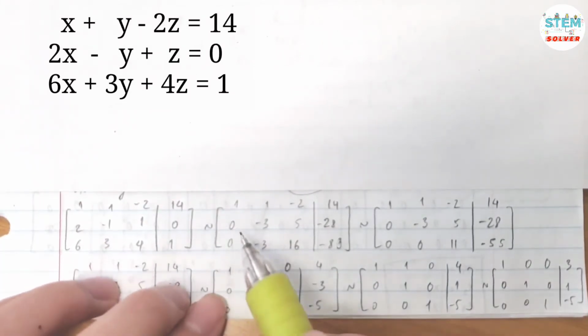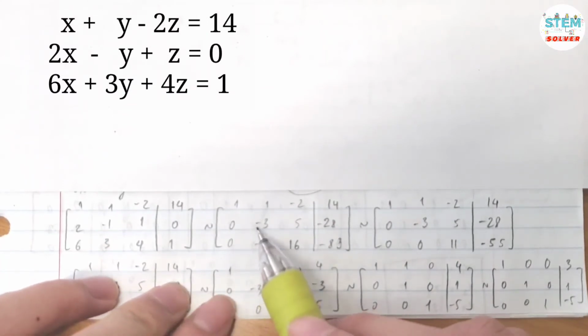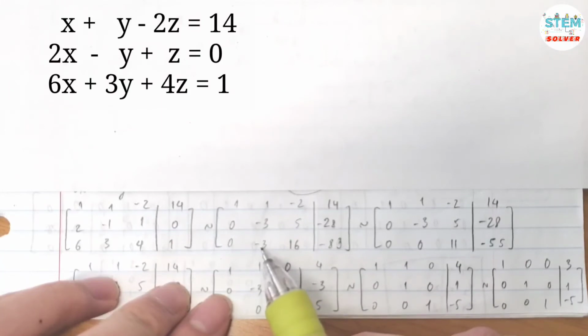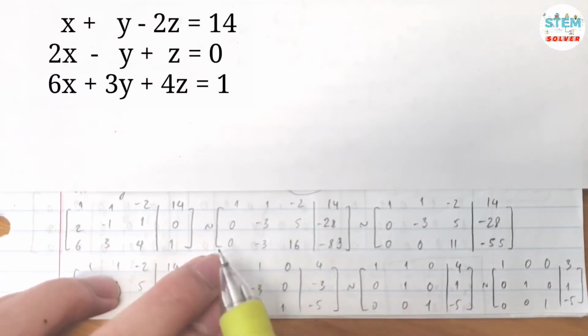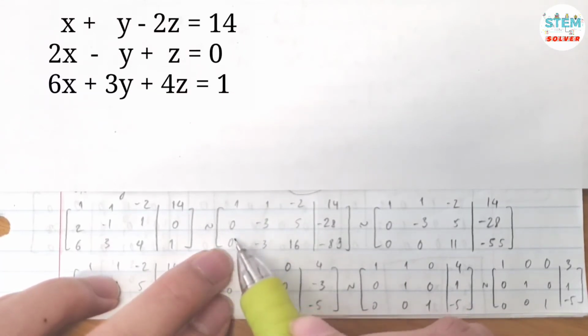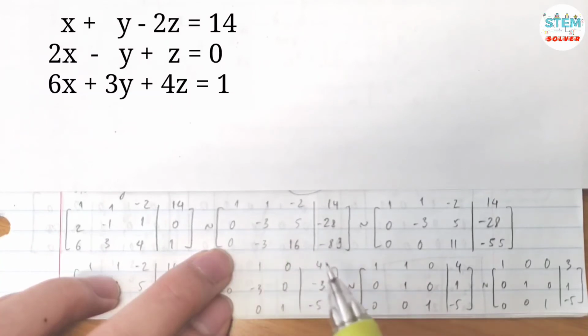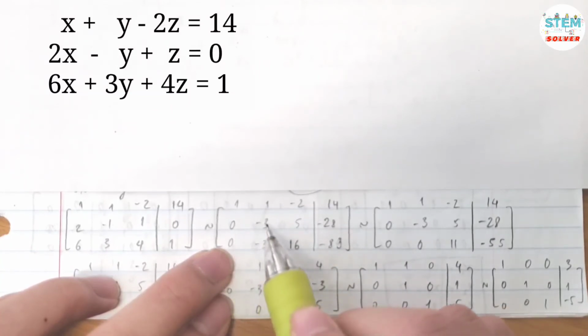Oh, I remember. So for this one, instead of taking a -3 and subtracting a -3, I multiply the second row by -1 and add it up onto the third row. Okay, so let me take it back, go back here.